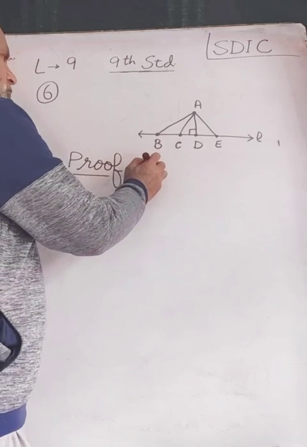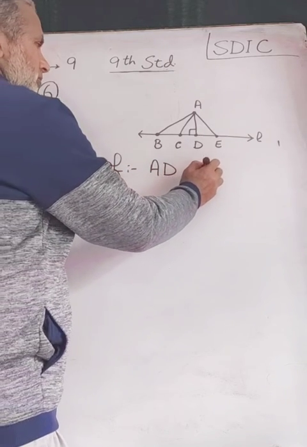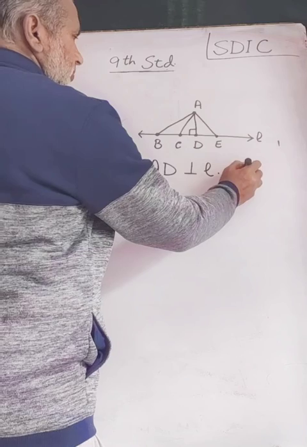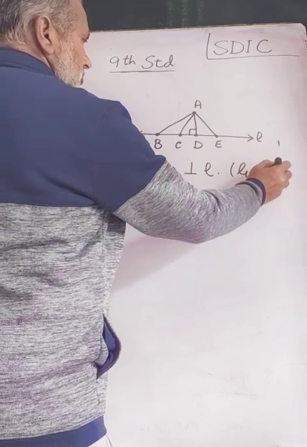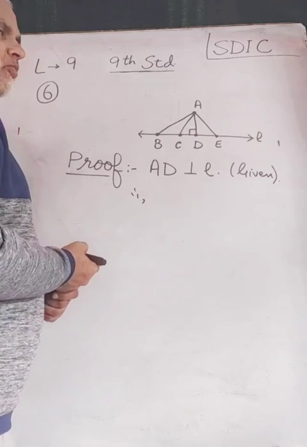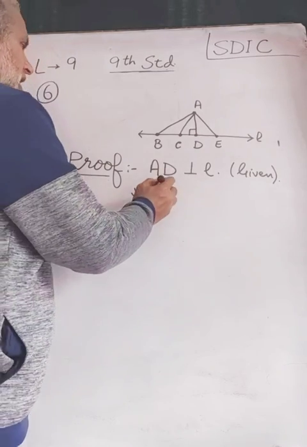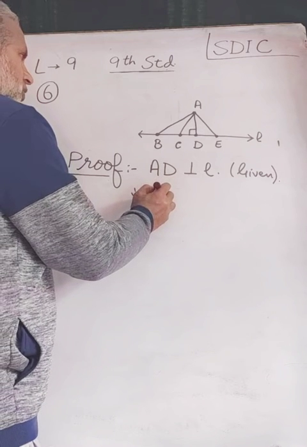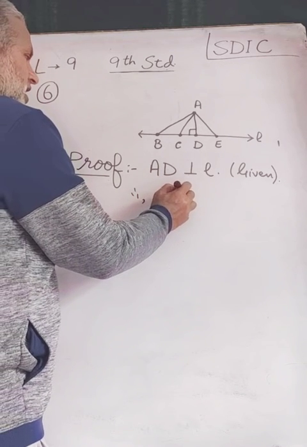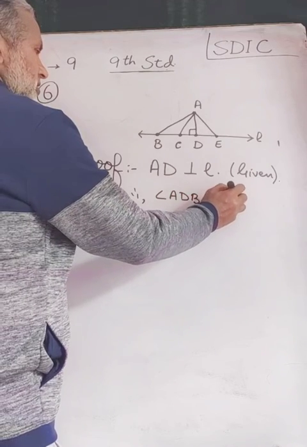We know AD is perpendicular to L. This is given to us. This means the angle formed at point D will be a right angle, a 90-degree angle. Therefore, angle ADB is equal to 90 degrees.